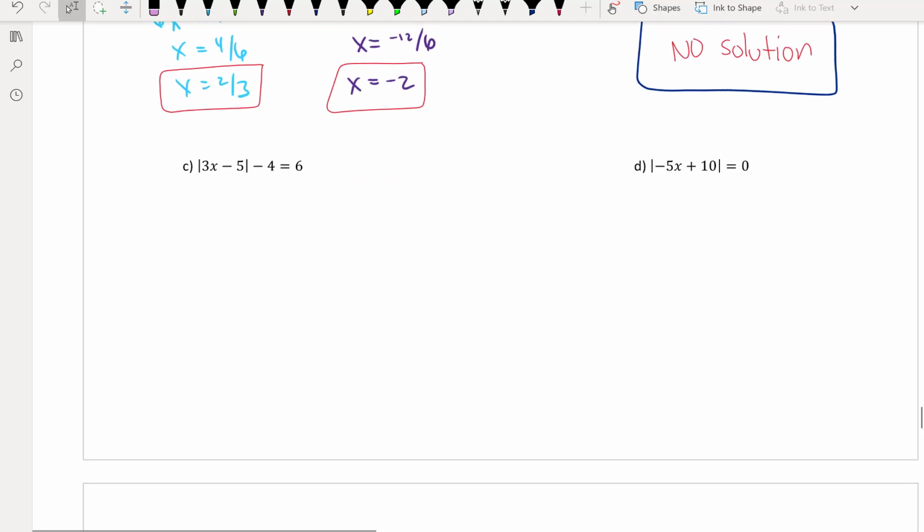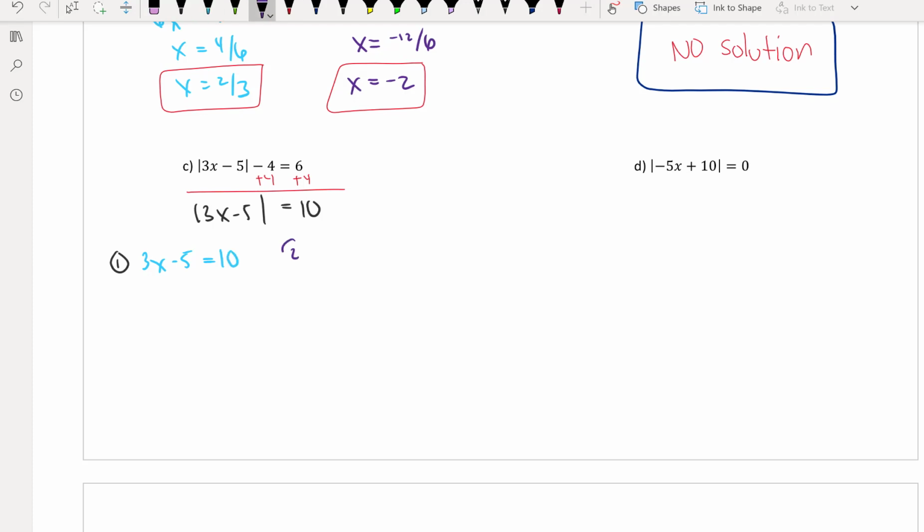The absolute value is not isolated, so I'm going to have to add 4 to both sides. So I have the absolute value of 3x minus 5 is equal to 10. Now I have to do my first answer, which is 3x minus 5 is equal to 10.